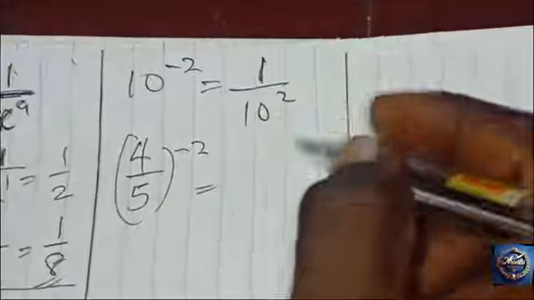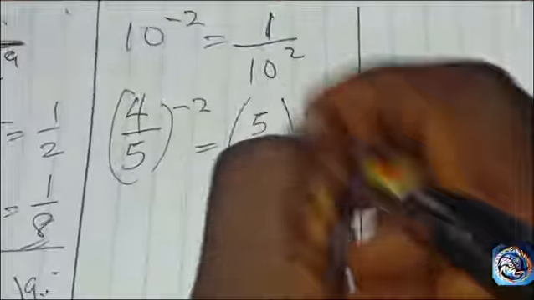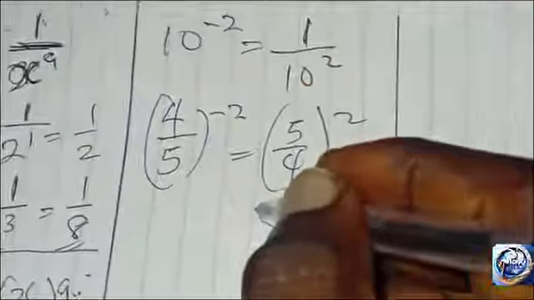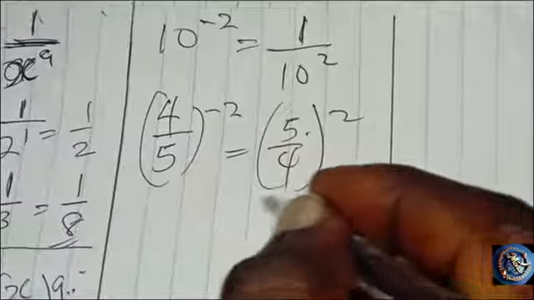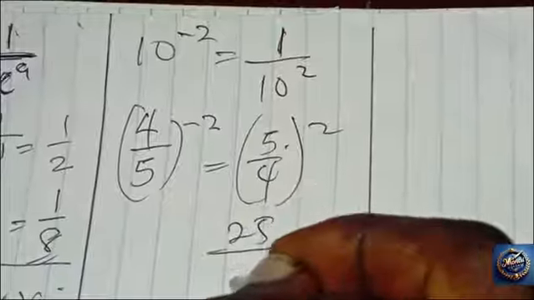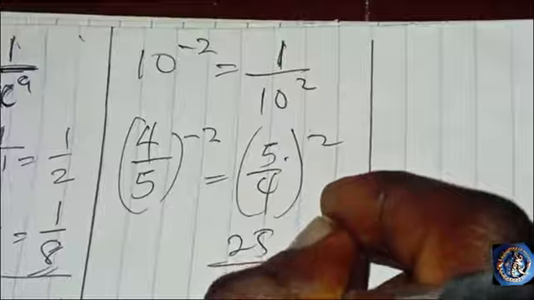My answer will be 5 all over 4 raised to the power of 2, which is going to give me 5 times 5 is 25 all over 4 times 4 is 16. That is the answer. So that's how we can apply this.